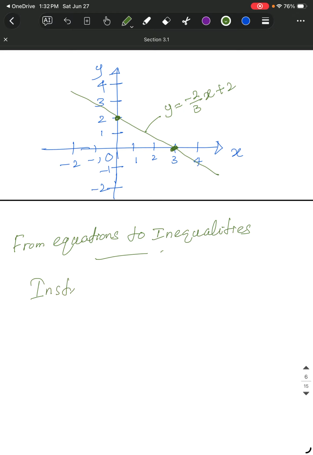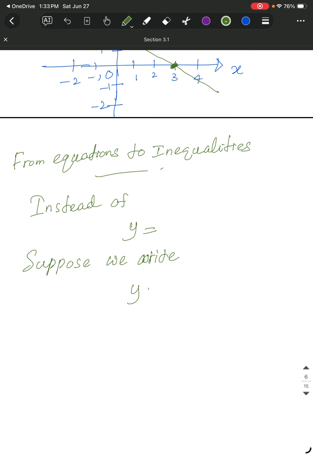Instead of y equals, suppose we write y greater than or equal, y less than or equal, y greater than, y less than. So we can replace that equal sign with an inequality sign.